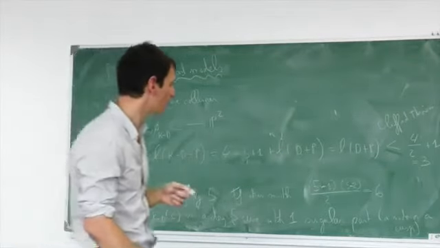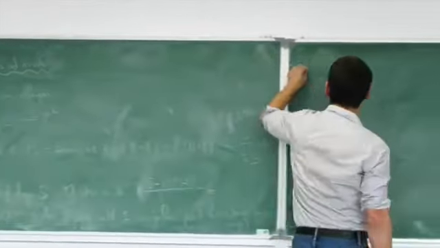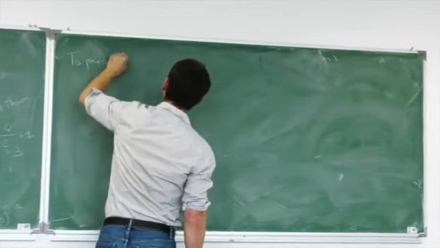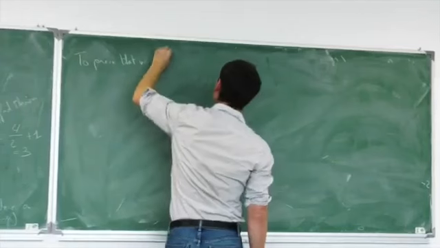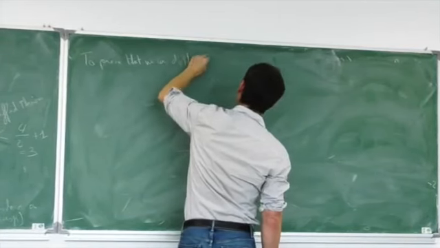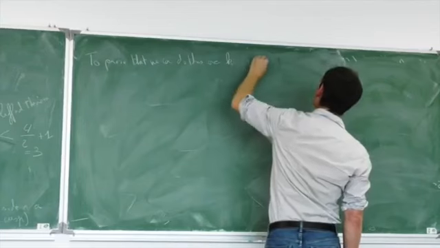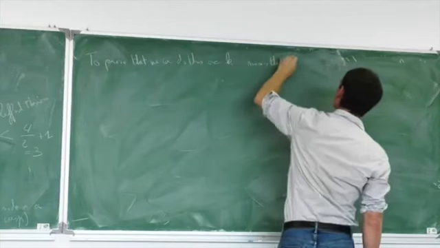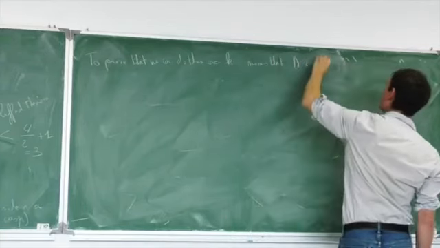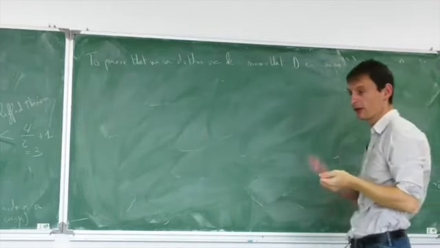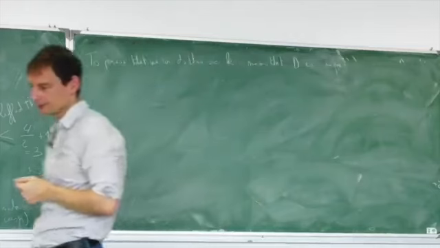And so to prove that we can do this over K means that D is somehow unique. Because if it's unique, then it has to be invariant by Galois.